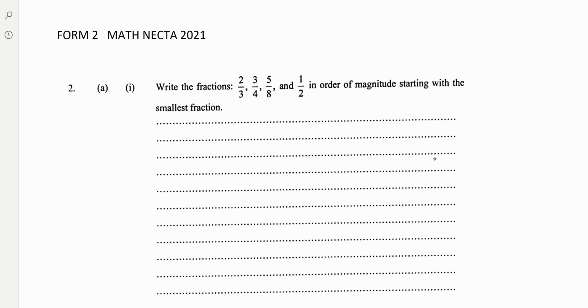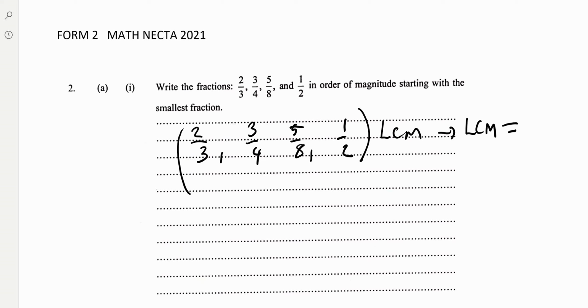So what we'll be doing, we're going to check 2/3, 3/4, 5/8, then a half. We will be multiplying by the LCM of these numbers. You are going to see that the LCM of these numbers is 24.